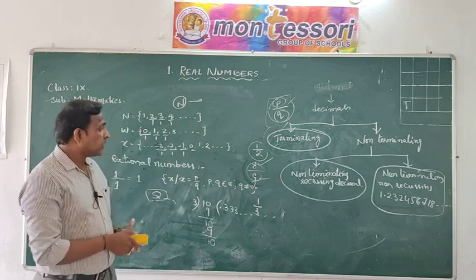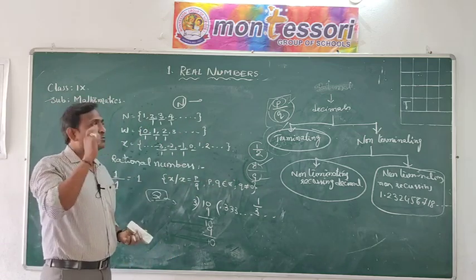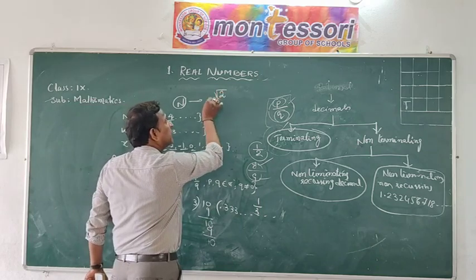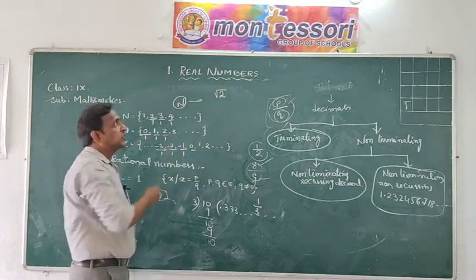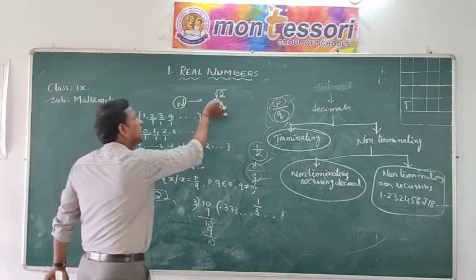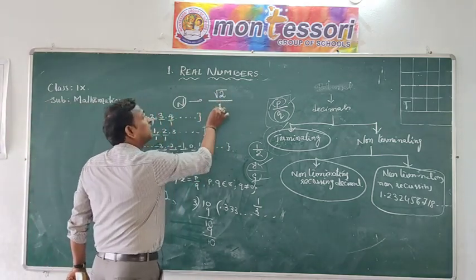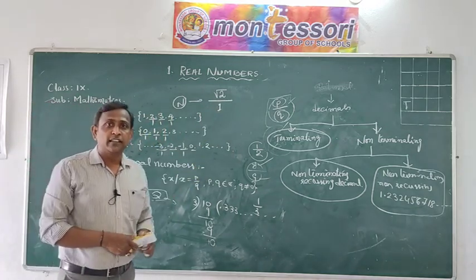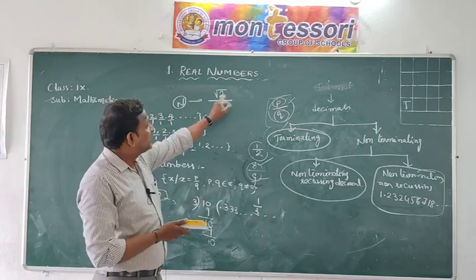Suppose sometimes we may get one doubt, that somebody will ask you whether root 2 is rational or irrational. In such a case, some clever students can say, sir, root 2 by 1, if I write, there is no change in its value, so it is a rational number.